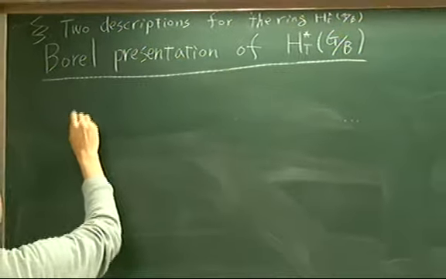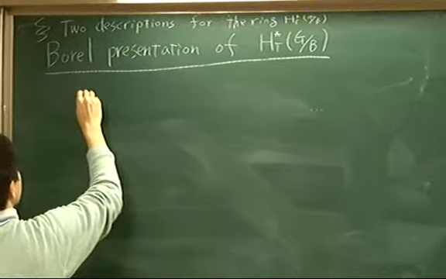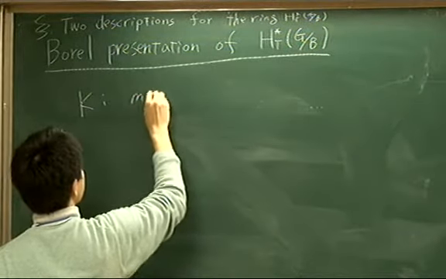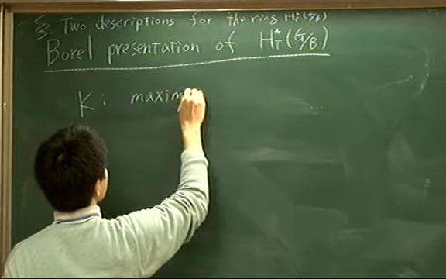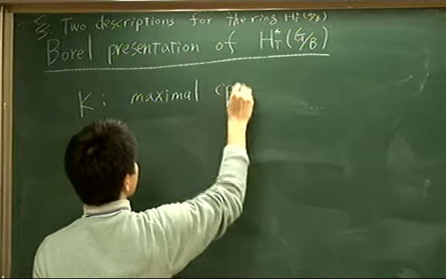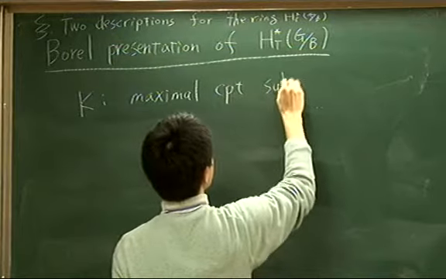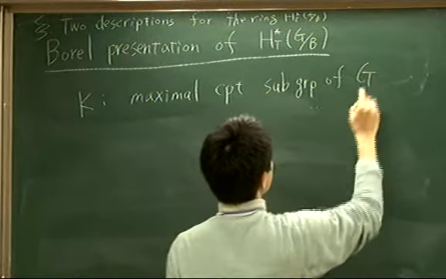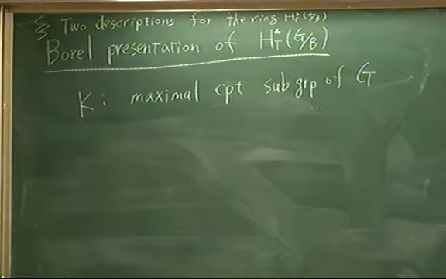First, let K be the maximal compact subgroup of G. For example, if G is the general linear group, then we can take K as SU(N).